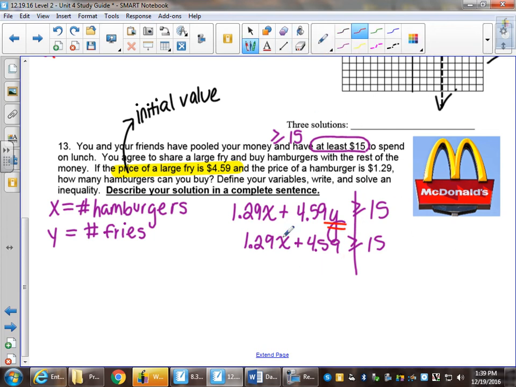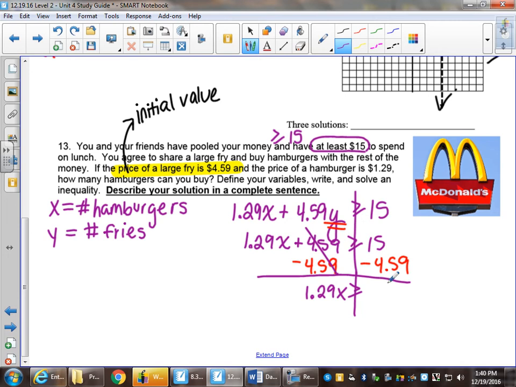So to solve for x, we will subtract $4.59 from both sides. Get $1.29x greater than or equal to 15 minus 4.59. If you haven't gotten your calculator yet, go ahead and press pause. Go get your calculators.